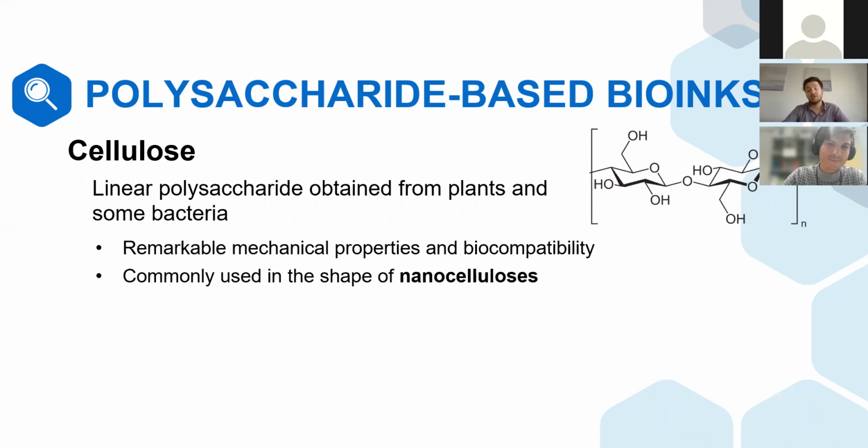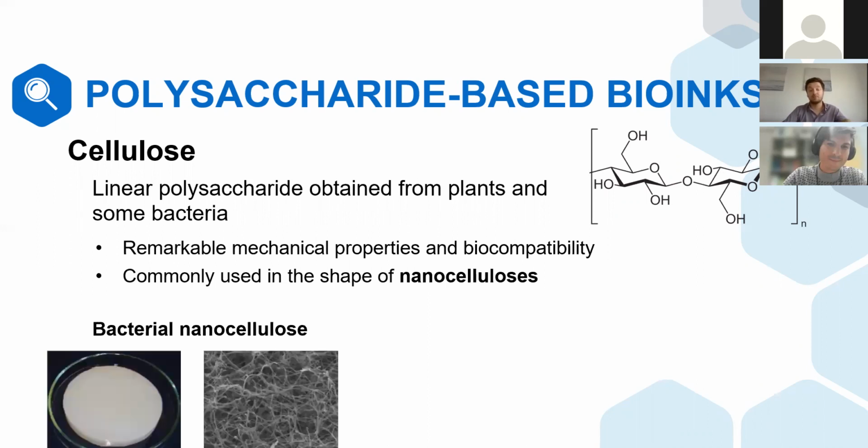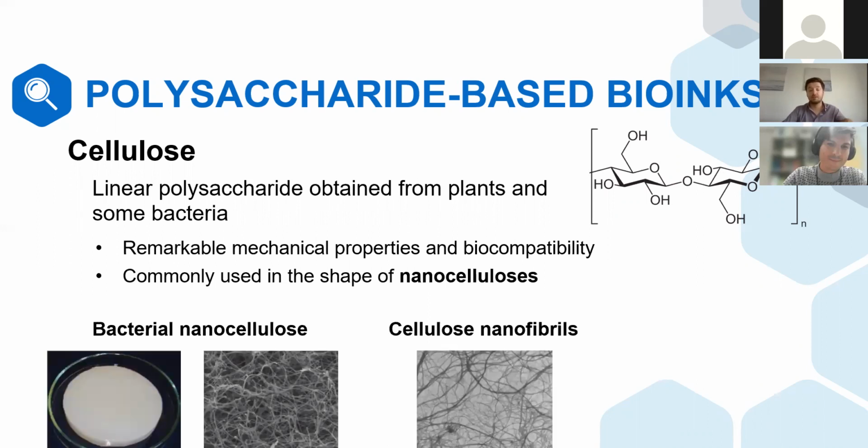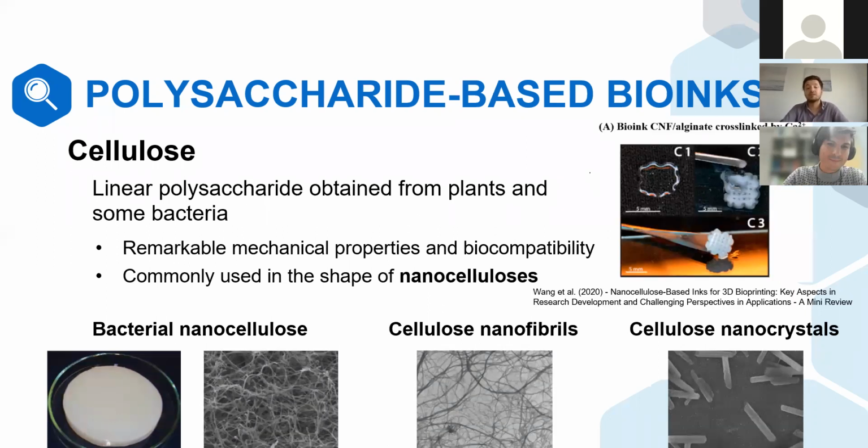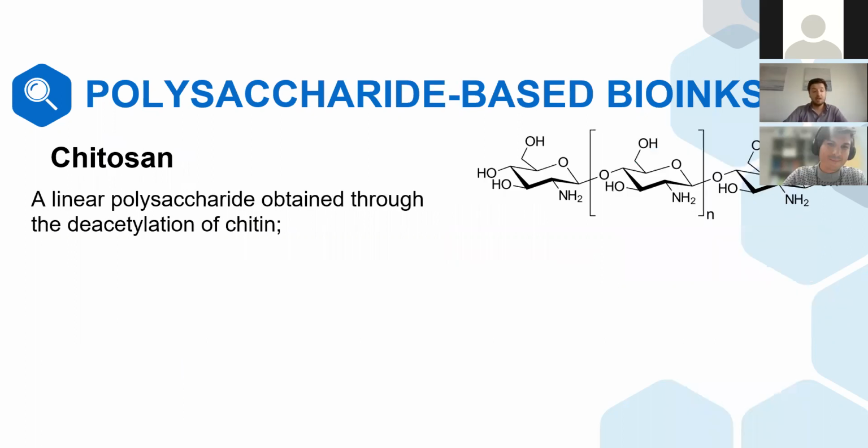It's commonly used, as I was saying, in the shape of nanocellulose, including bacterial nanocellulose, cellulose nanofibrils, and cellulose nanocrystals to reinforce bioinks from alginate or from other materials. In fact, I bring to you here a little example of a bioink obtained from alginate and cellulose nanofibrils, which was already used in 3D bioprinting.